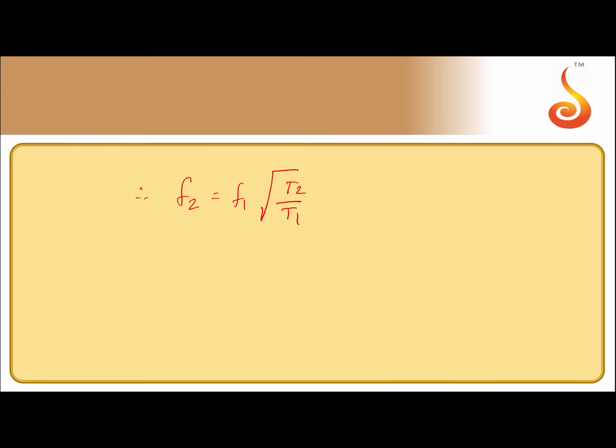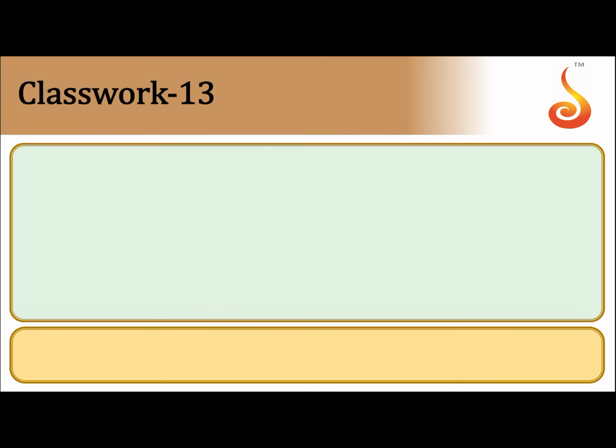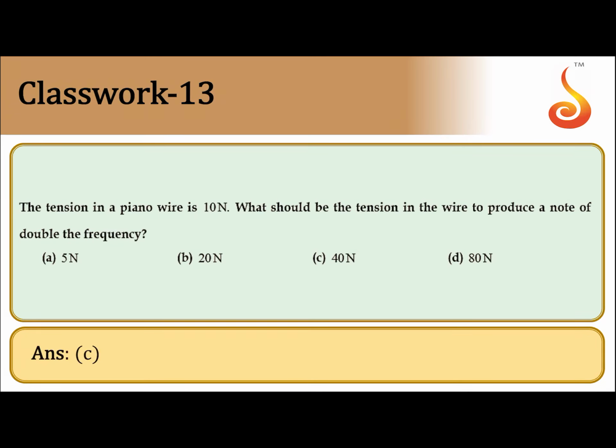But he says f2 is equal to 2f. So 2f is equal to f into root of T2 divided by 10, or T2 is equal to 10 into 4, that is 40 Newton. So the tension required in the wire to produce a note of double the frequency is 40 Newton. C is the correct choice.